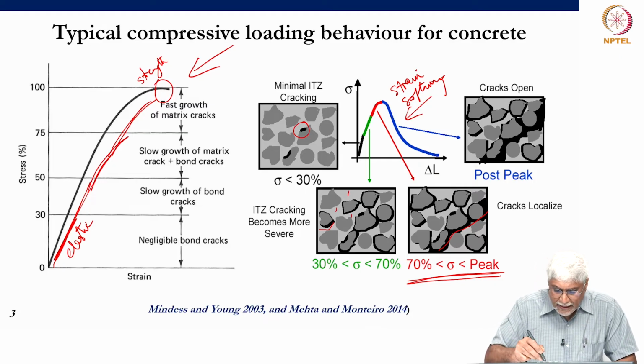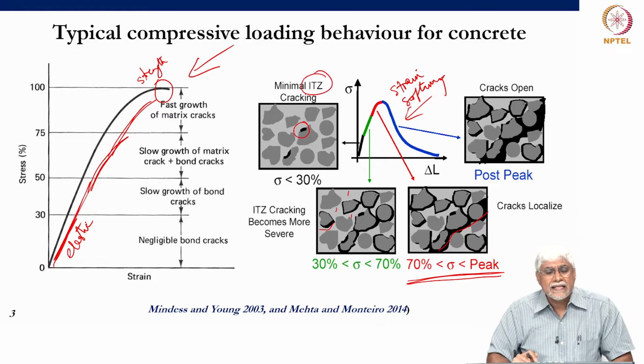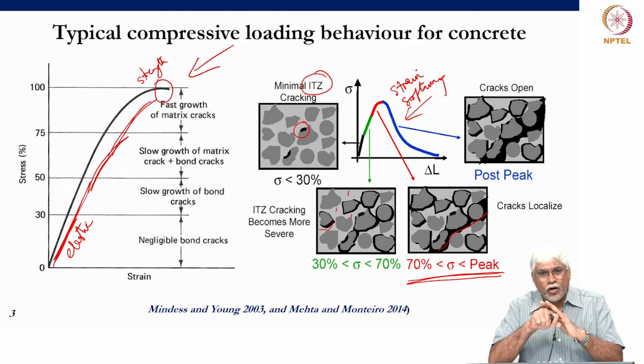And you see here that I have emphasized a lot the interfacial transition zone. And as I said a few minutes back, in recycled aggregate concrete, we have now a broader, thicker, wider interfacial transition zone, because you have the old mortar stuck to the aggregates. So, there is one interface.